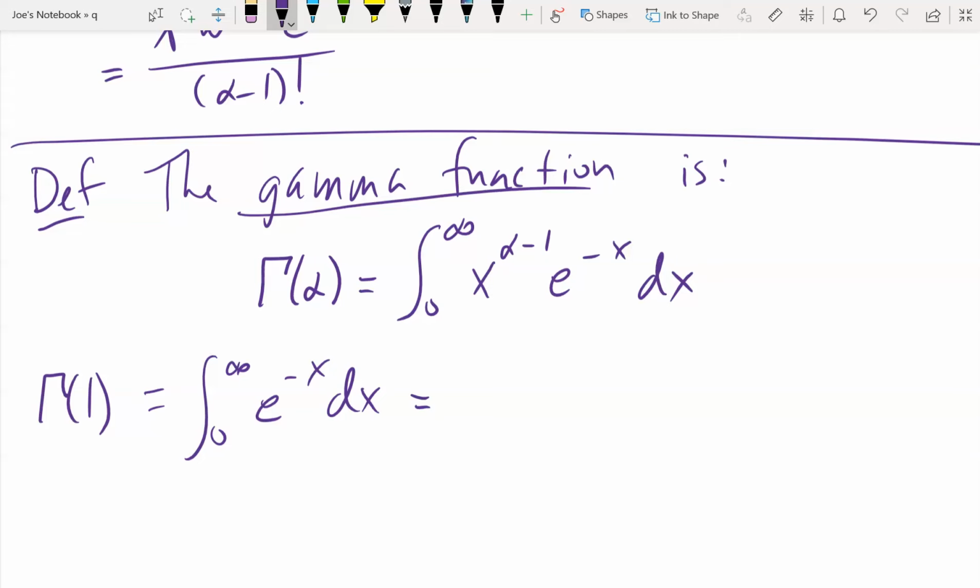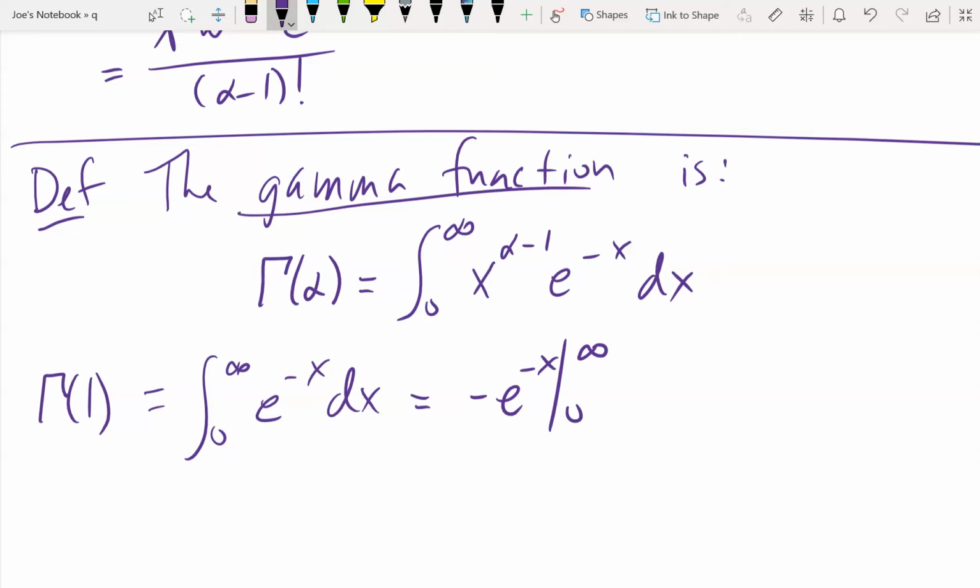Antiderivative of e to the minus x is negative e to the negative x, right? When we put in 0 here, what do we get? Well, you get 1, right? When it's negative in front, I always like to put it in the lower than the upper because that actually gives me the actual positives and negatives, because with the negative in front, it flips your limits of integration.